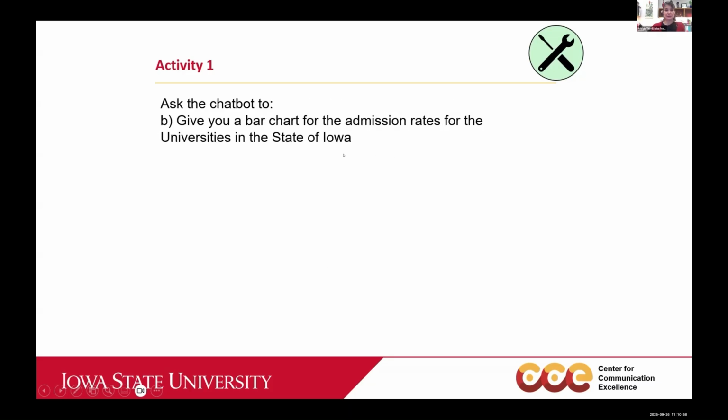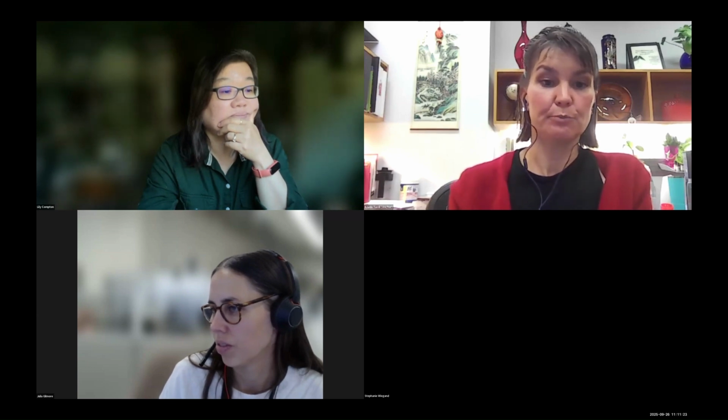Let's do another prompt. So let's ask it to do a bar chart. So I'm going to say a bar chart for the admission rates for the universities in the state of Iowa. And I think I'm going to continue in the same chat. Sorry, let me make sure I'm actually sharing. I'm not going to start a new prompt. I'm going to just keep going with the same chat.